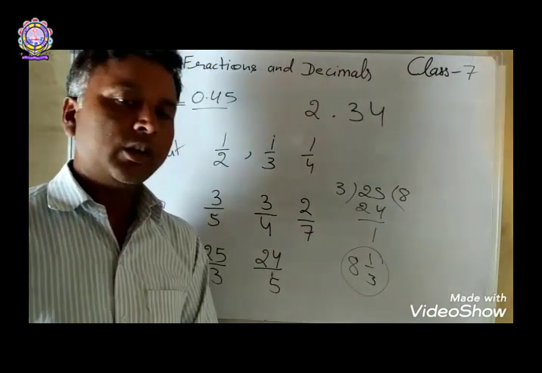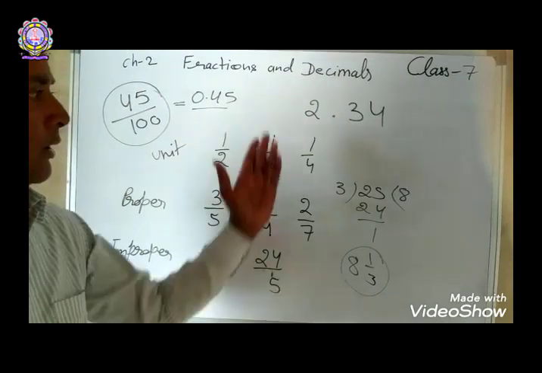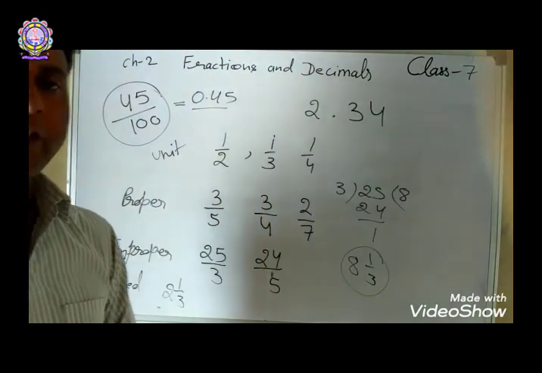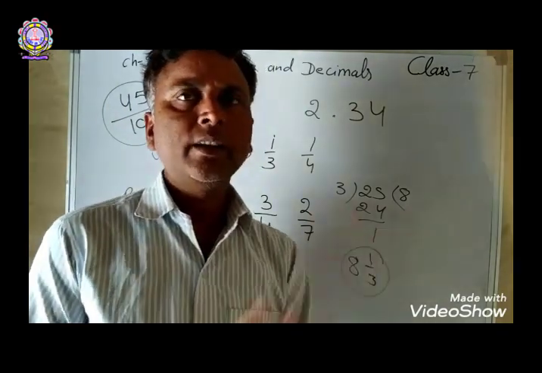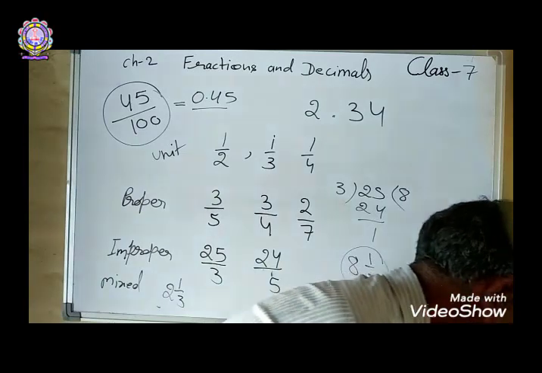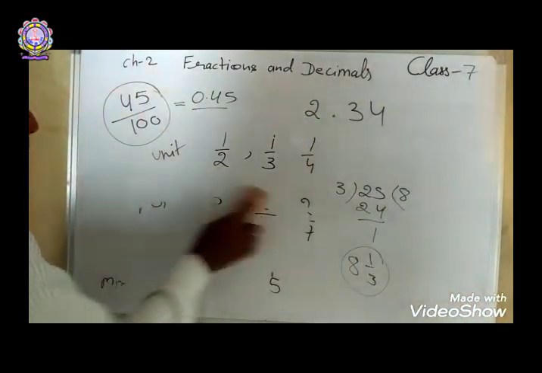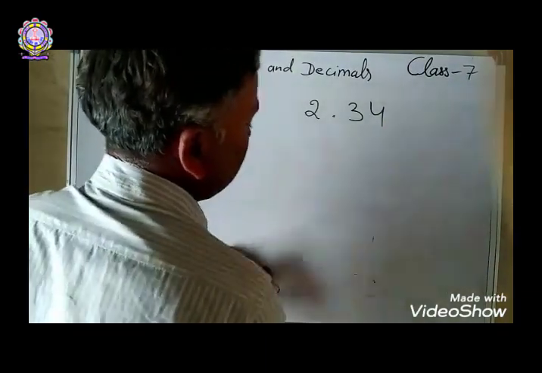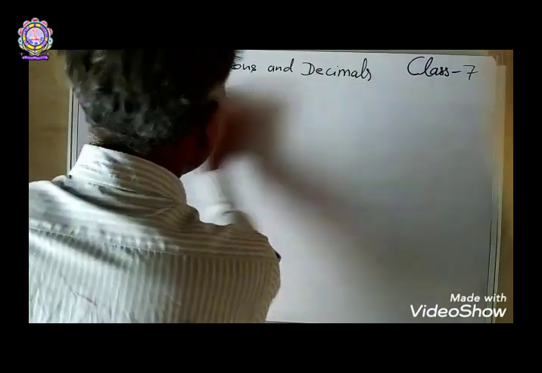So these things you already know, and how to add them you also know. Addition and subtraction of decimals and fractions, you already learned in class 6. So in this class, we start the product of fractions and the product of decimals.